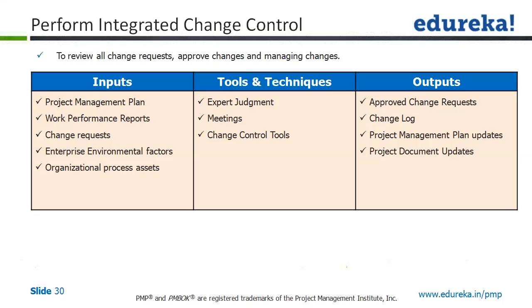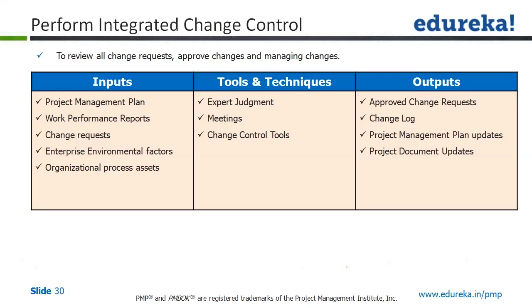So let us look at perform integrated change control. The tools and techniques remain expert judgment and meetings, which we have used in the previous process. Change control tools is the new item in the tools and techniques.